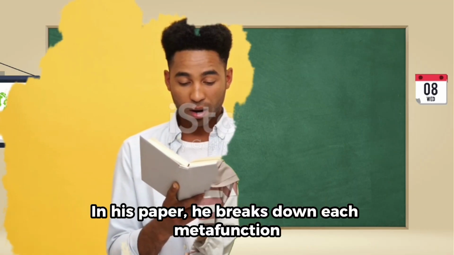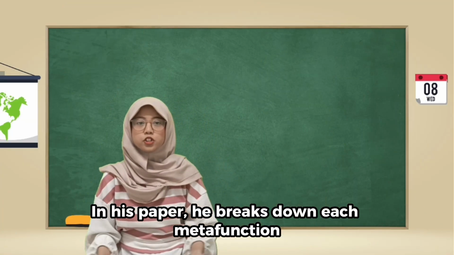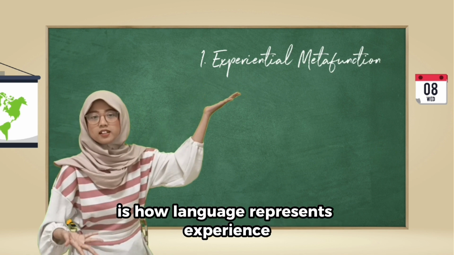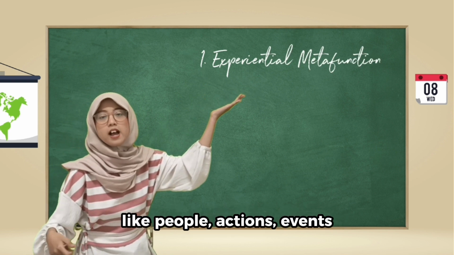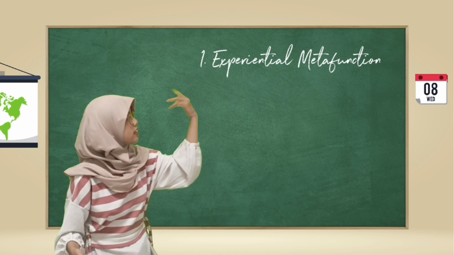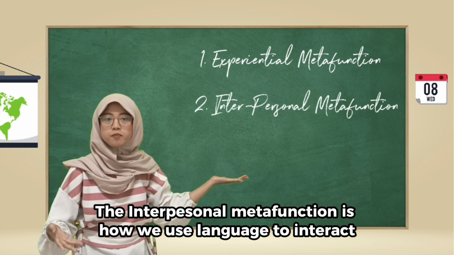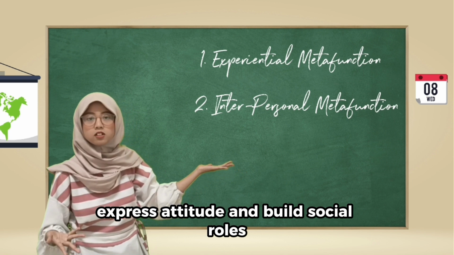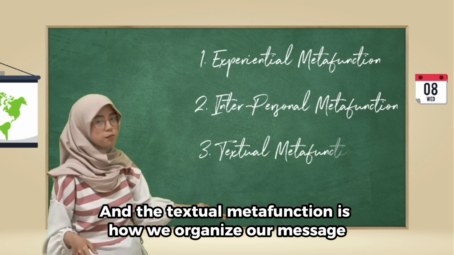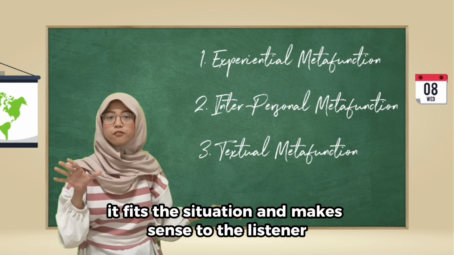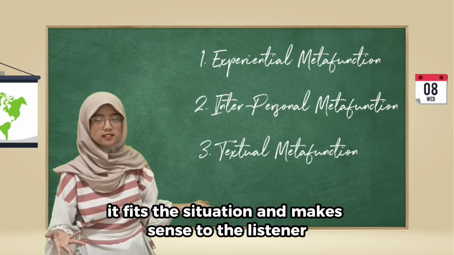In his paper, he breaks down each metafunction. The experiential metafunction is how language represents experience like people, actions, events. The interpersonal metafunction is how we use language to interact, express attitude, and build social roles. And the textual metafunction is how we organize our message so it fits the situation and makes sense to the listener and reader.